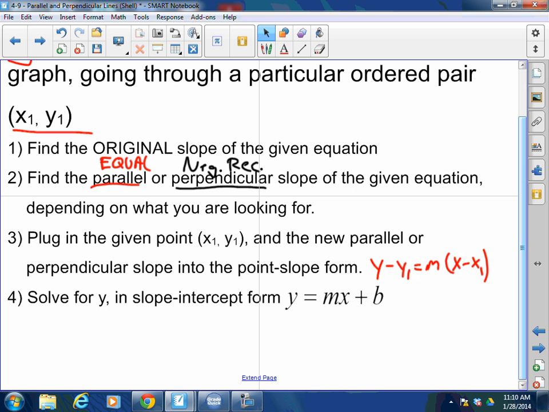If you made that connection, you are on your way to success. If you didn't make that connection, I'm making it for you now. Please realize what I just finished saying. This is the same as writing an equation in point slope form, except you have to decide what slope you're going to use. May I continue to some examples?